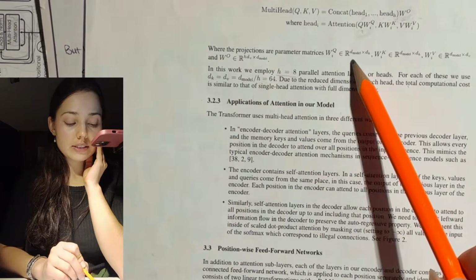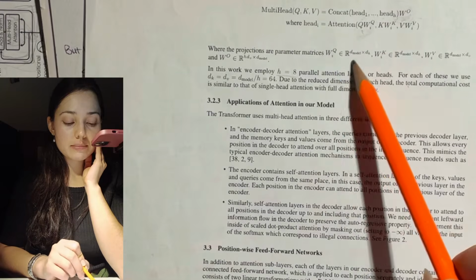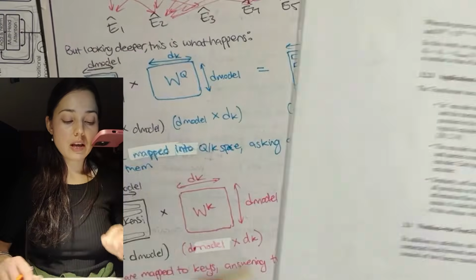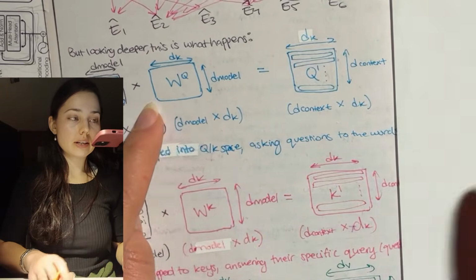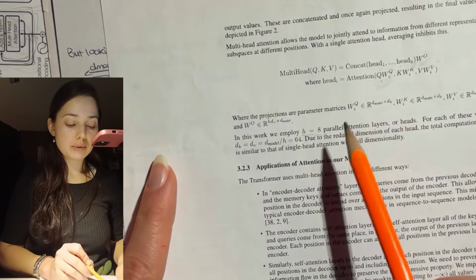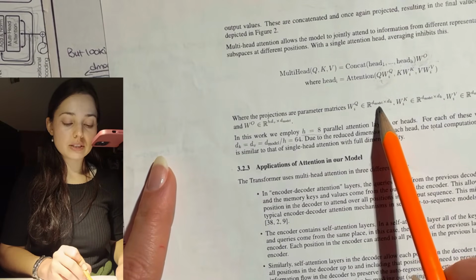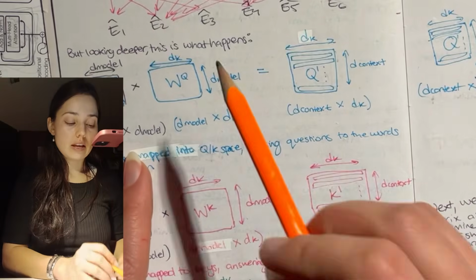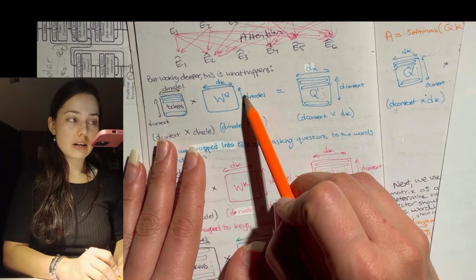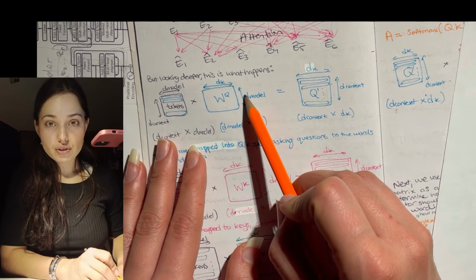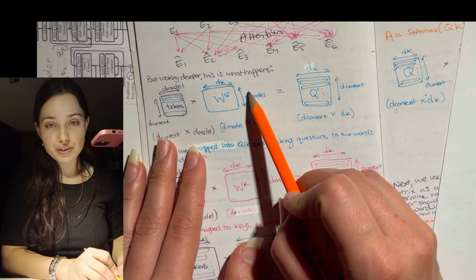And then they list here the dimensions of all of the matrices, but again, I've already listed them here. So this WQ matrix is a real number matrix of dimension d_model times dk. Here it is depicted in a more geometrical manner, which I think is slightly more intuitive.